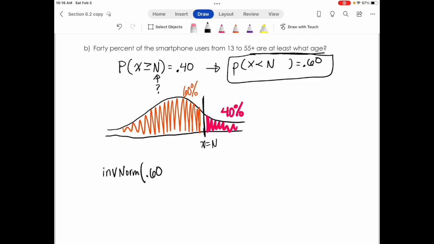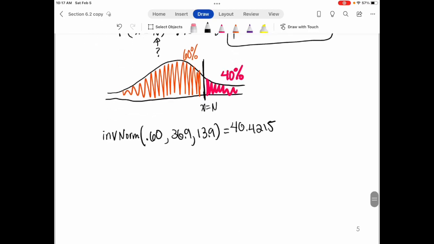So I'm going to put in inverse norm, 0.60, and then our mean, which is 36.9, and then our standard deviation, which is 13.9. And when we do that, we're going to get 40.4215.